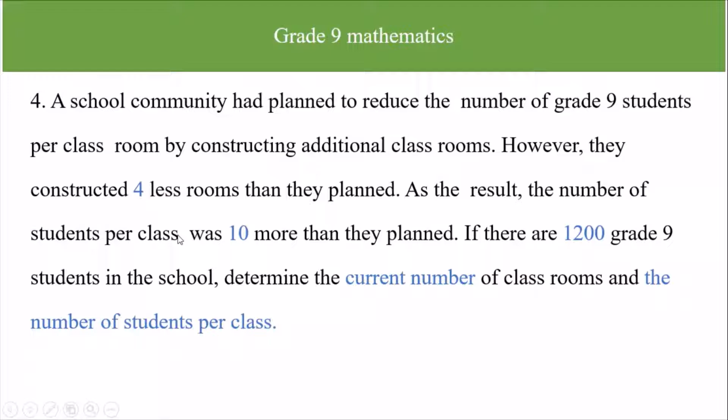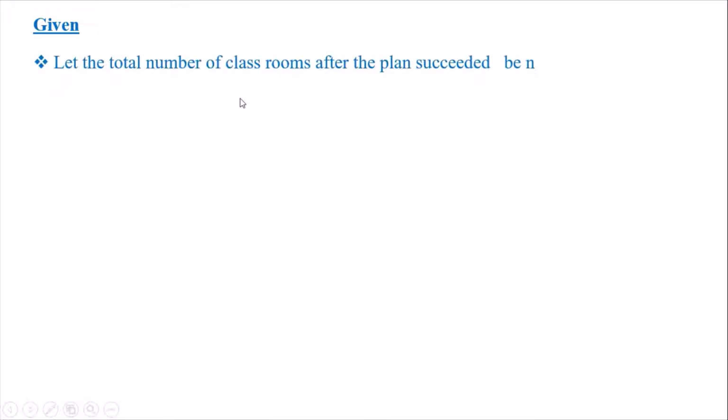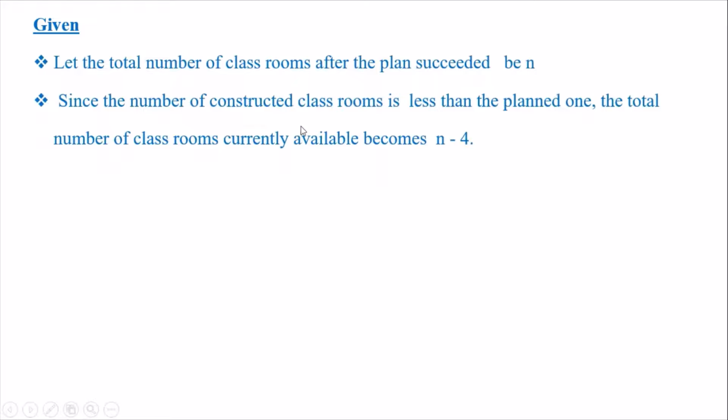Therefore, let's identify the givens and the required quantities from this problem as follows. Let the total number of classrooms after the plan succeeded be n. Thus, since the number of constructed classrooms is 4 less than the planned one, the total number of classrooms currently available becomes n minus 4, because we are told in the problem that the total number of classrooms constructed by the school committee is 4 less than what they planned.